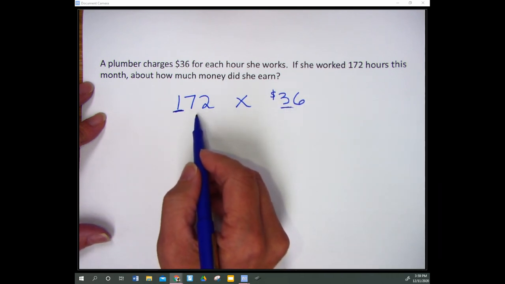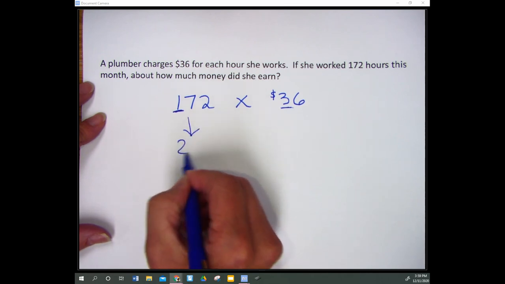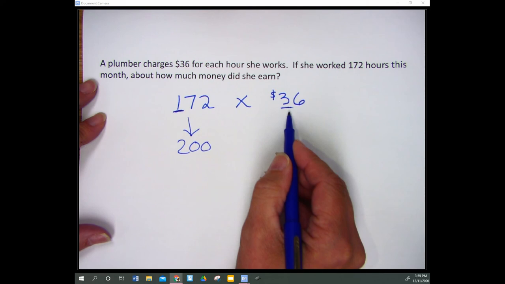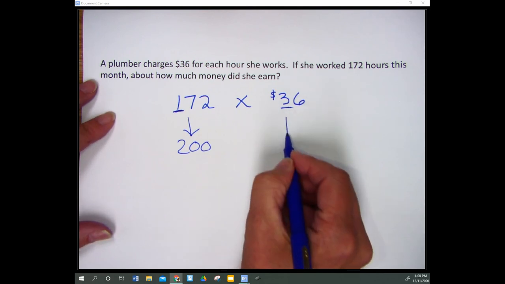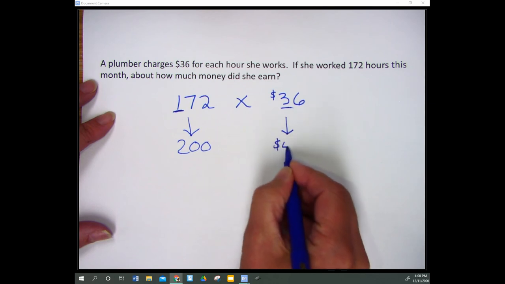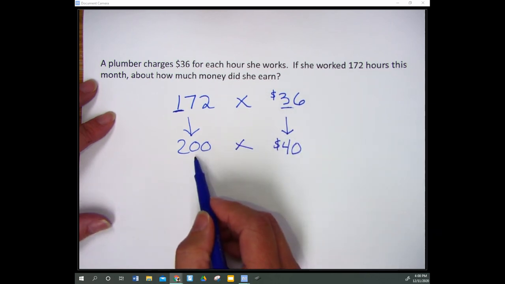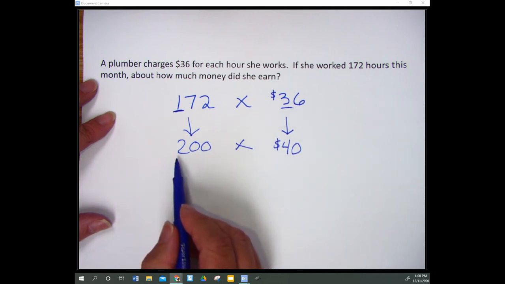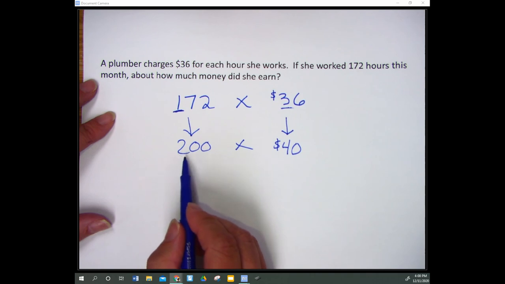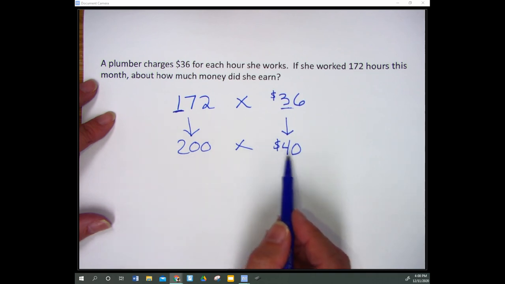172 rounded to the nearest 100 is what I'm going for. That would round to 200. $36 rounded to the nearest 10? That would round to 40. So now I have 200 times 40. Now remember, I'm going to use associative property. I know 200 is a 2 times a 100, and a 40 is a 4 times a 10.